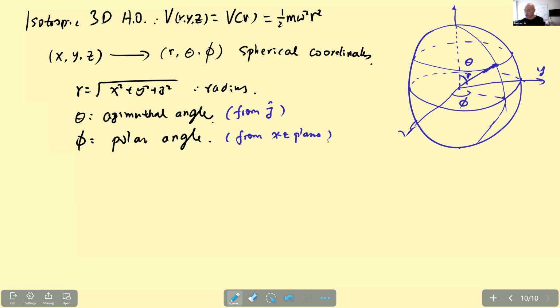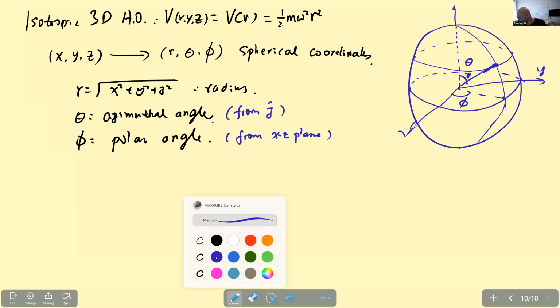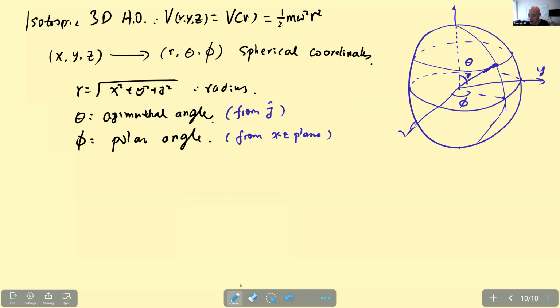All right. And also you can transform this back into the Cartesian coordinates. So x is r sin theta, which of course is the distance in the xy plane, times cosine phi.